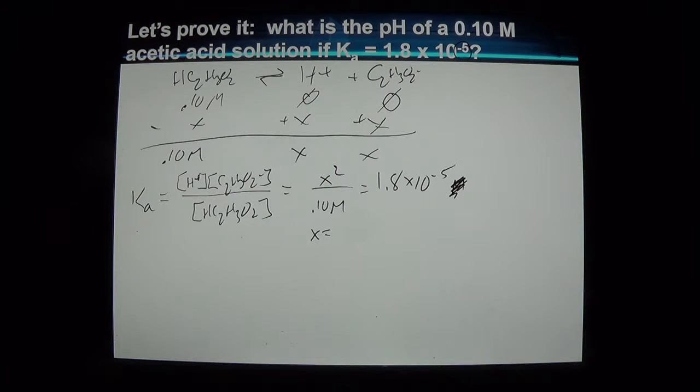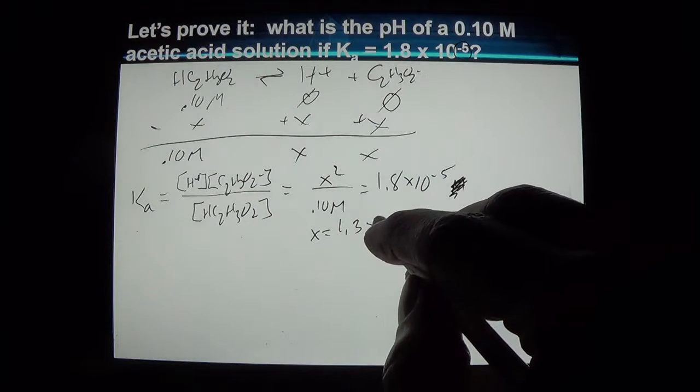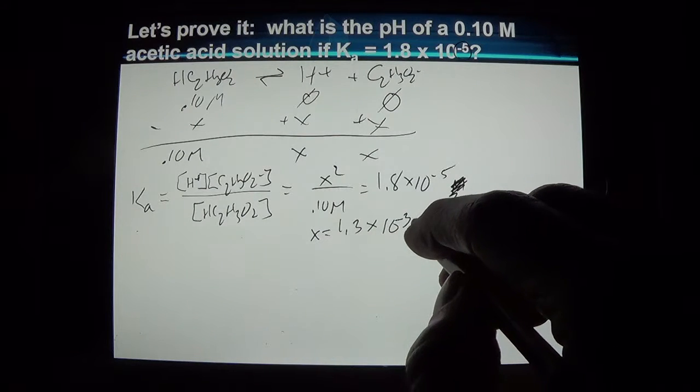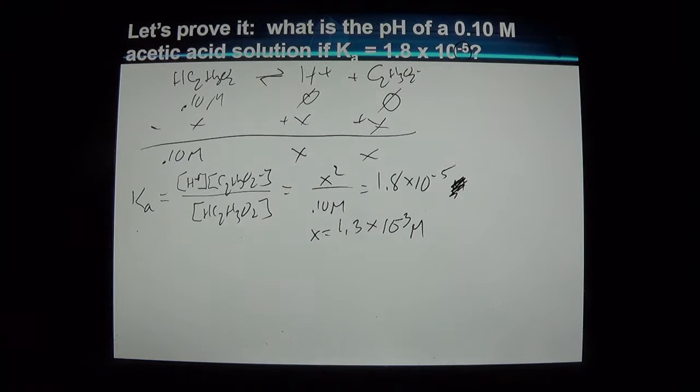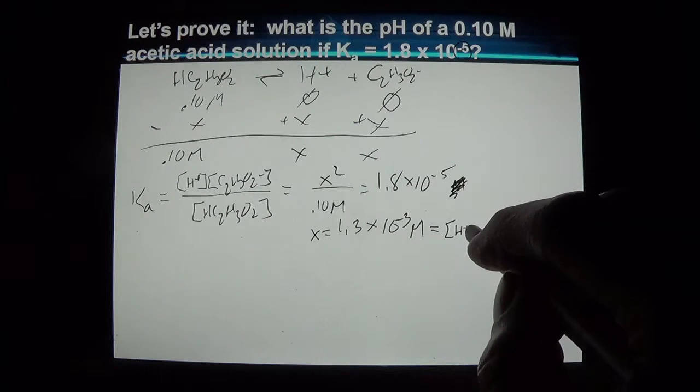It's going to be a minus 6 once I multiply both sides by 0.1. And I get 1.3 times 10 to the minus 3 molarity. I've not answered the question, but I am very close, because that is the concentration of H+.